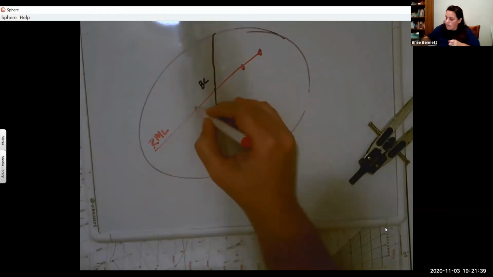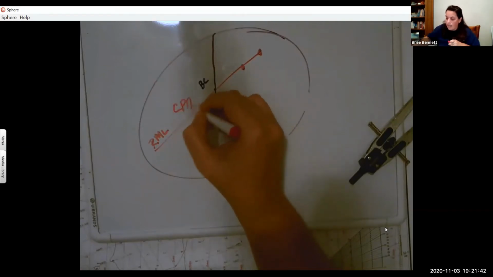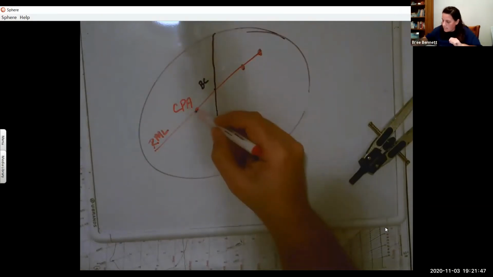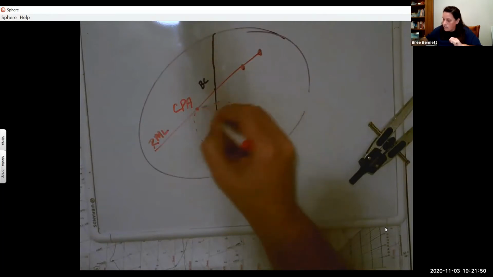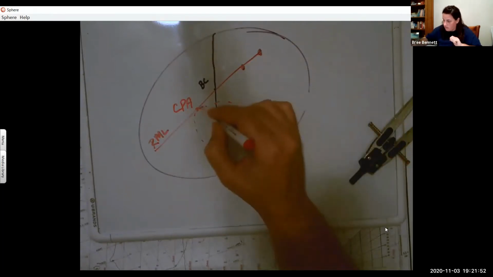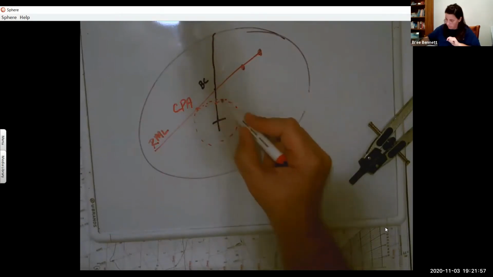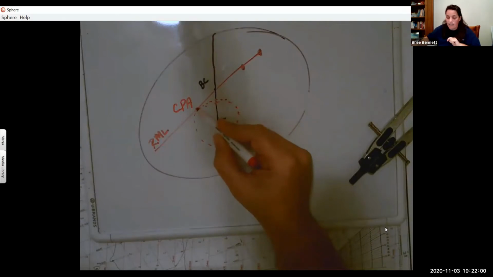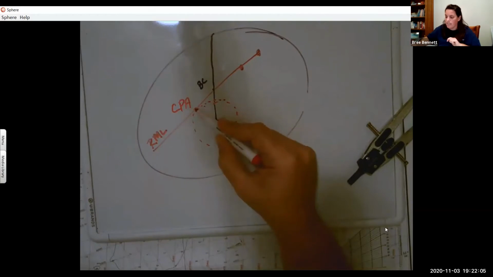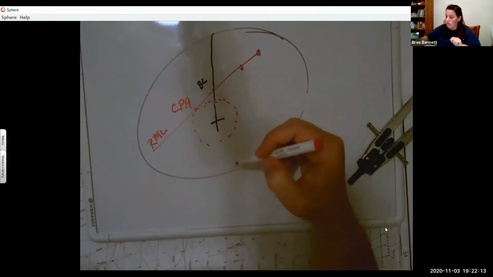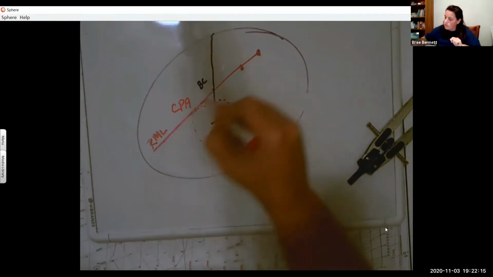So this point is called the CPA. How you get that is basically a tangent circle. This is a circle, that VRM if you will, and where it touches that VRM, or kind of a circle around us, is going to be our closest possible point. The quick way to measure that is a 90-degree angle from your relative motion line.